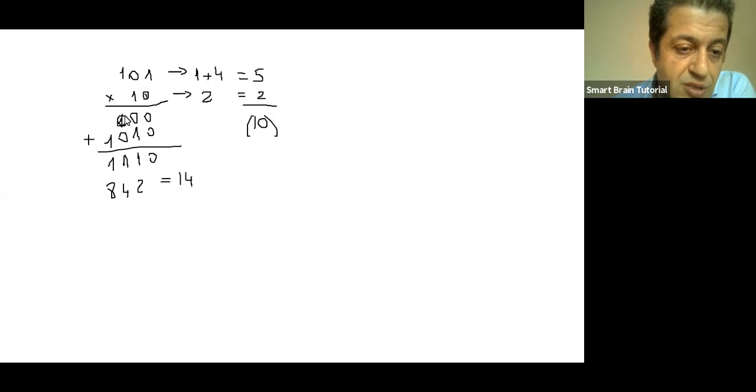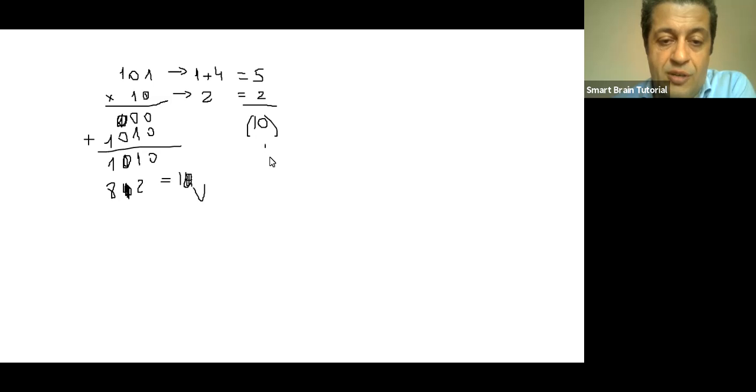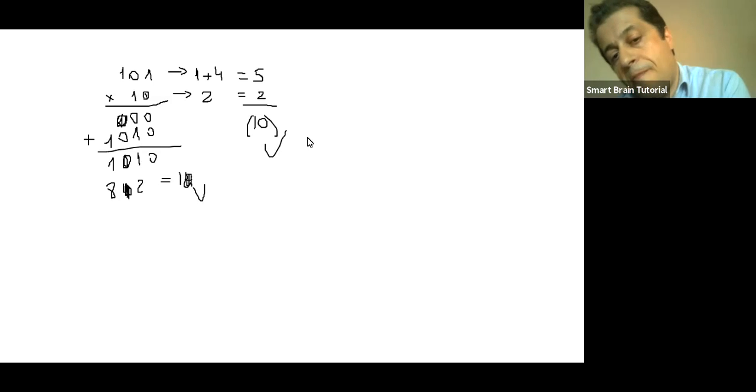This should be 0 because 0 times 1, it is 0. So I have a 0 here. So the result is 8 plus 0 plus 2, or 8 plus 2, it is 10. So these numbers are both the same.